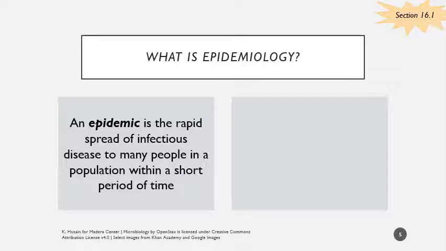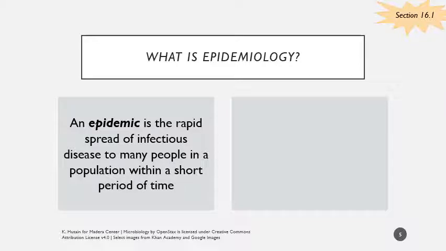As we understood that COVID-19 was spreading throughout the world, there were people talking about it being an epidemic and then a pandemic. An epidemic is the rapid spread of infectious disease to a lot of people in a population within a very short period of time. So that was clearly happening early on. It was just a matter of whether this was a global epidemic. That's the definition of a pandemic.